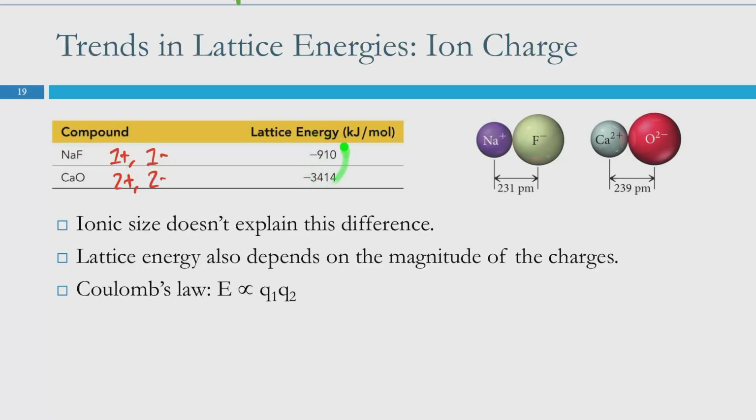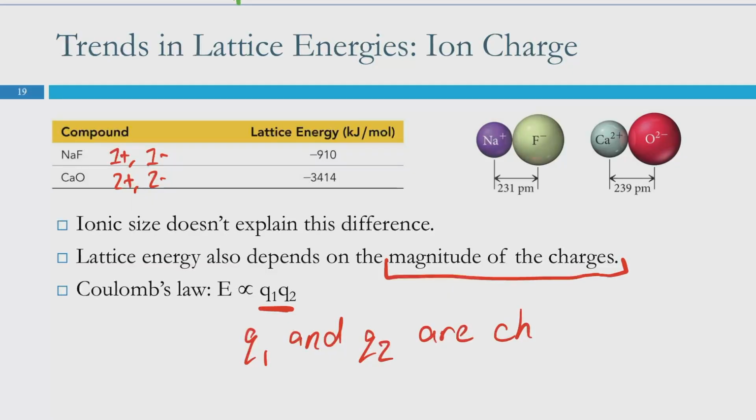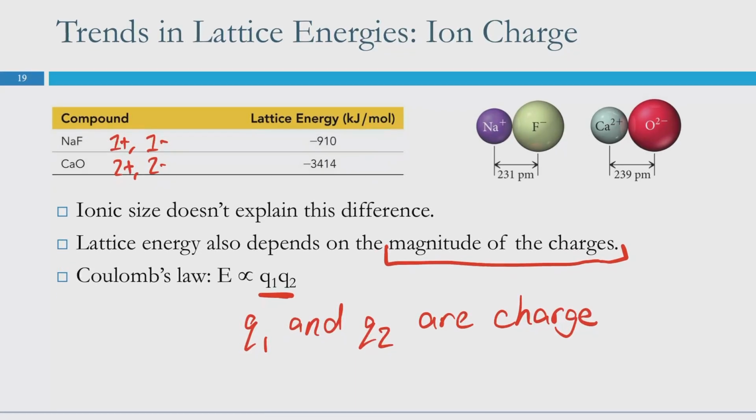And the reason that we have this giant change in lattice energy is because of the magnitude of the charges. So that's the Q1 and Q2 that I wrote out in Coulomb's law, whatever my brain remembered of Coulomb's law. So Q1 and Q2 are charge. And the energy is directly proportional to Q1 and Q2. So if Q1 and Q2 get bigger, so does energy. If one increases, the other increases. If one decreases, the other decreases.